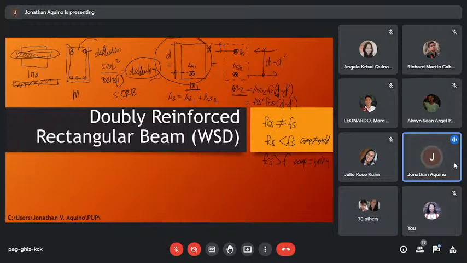Okay? So ano ba yung ibig sabihin pag nag-yield? So ibig sabihin, before failure ng concrete, magkakaroon muna ng cracking yung beam natin. Okay? As I said before, pag may cracking yung beam natin, since yung tension steel natin, during testing, pag hinatak mo siya dyan, hindi naman siya abrupt yung masisira yung steel.